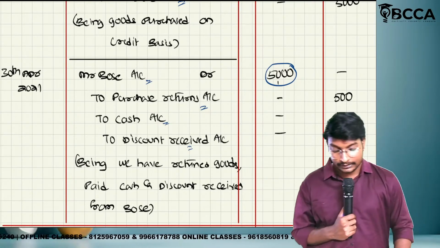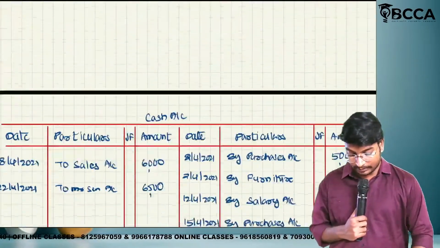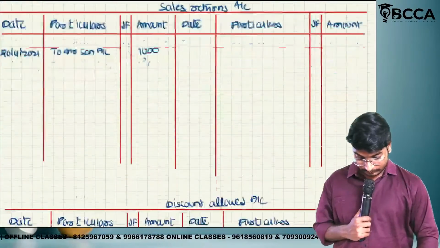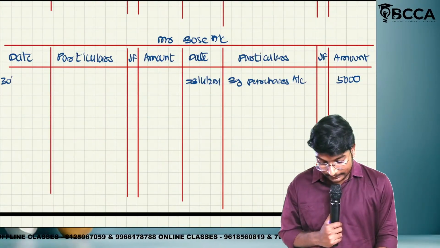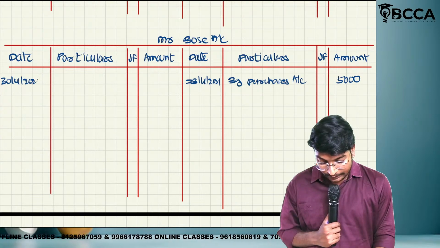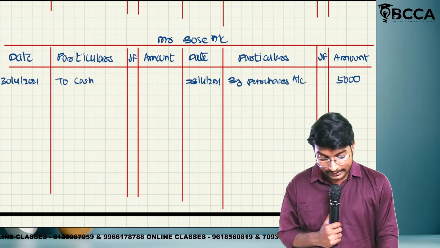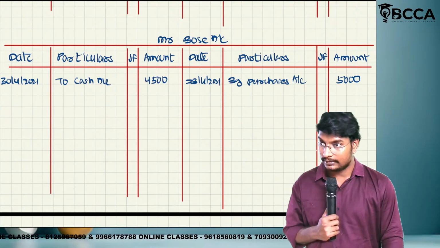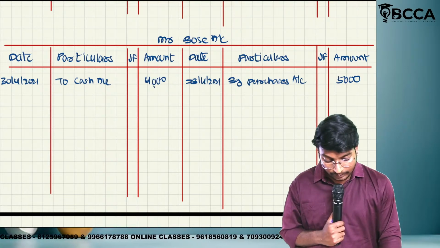Okay na guys? So in the Mr. Bose account, we have to post in the Bose account. 30th April 2021 to cash account. How much ma? 4,500. Yes sir? 4,000. Only 4,000.